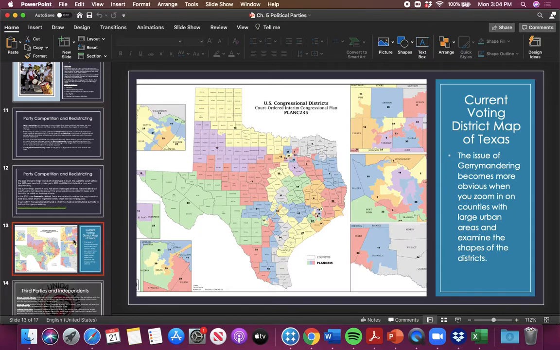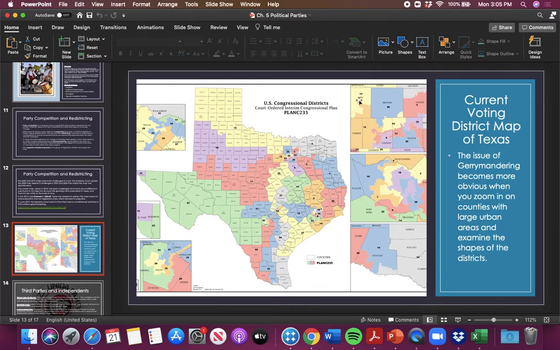And so if you look at most of the state, the districts are really big out here in West Texas because it's not as densely populated. But when you zoom in on urban areas, you can see how crazy the maps can get. So here's Tarrant County. Why does this one district cross Dallas and Tarrant County?